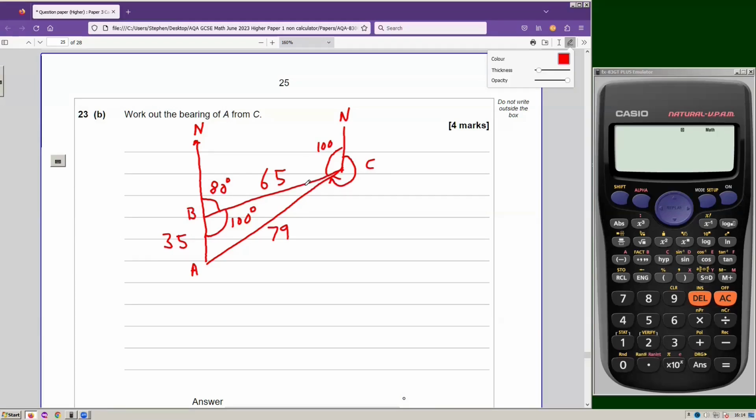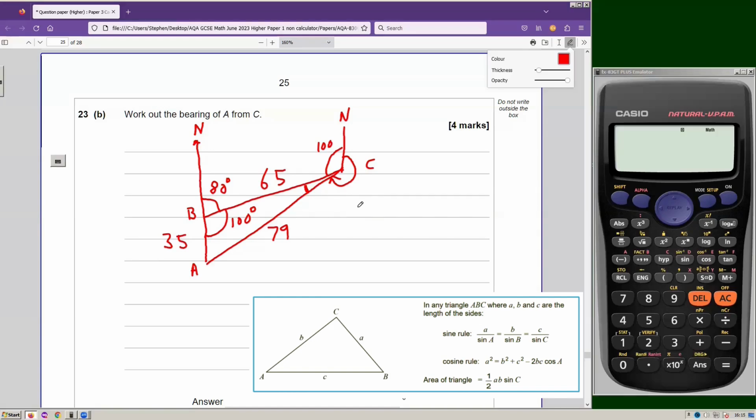We've got to find this angle in here. We can then go 100 plus this, take it away from 360, and we're going to have the bearing. And for this, we're going to use the sine rule. We use sine C over 35, so this one over that one will equal the sine of 100 over 79.